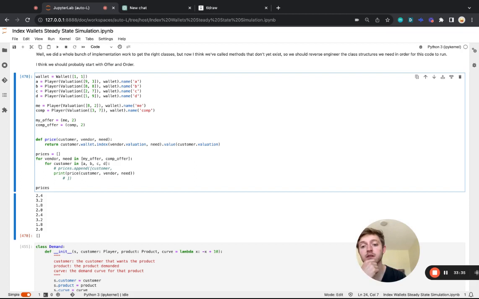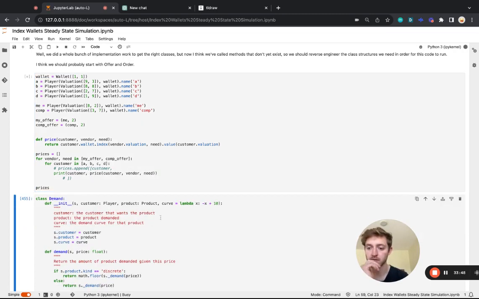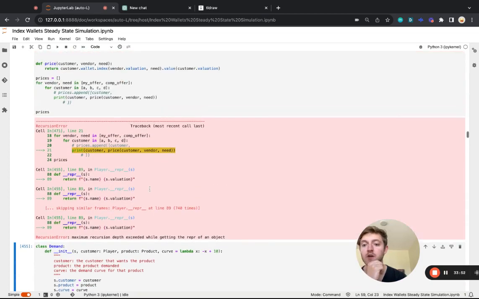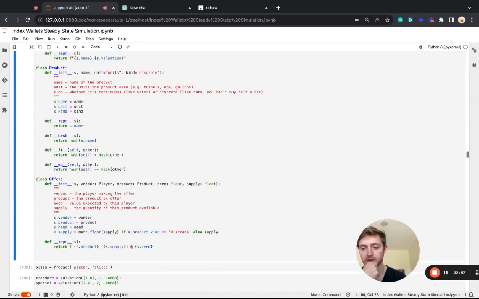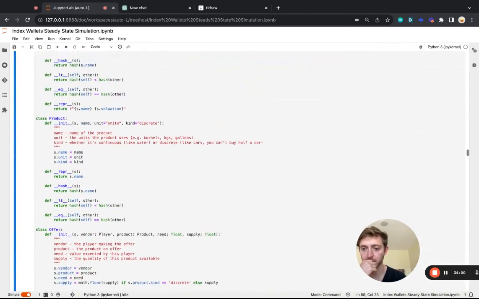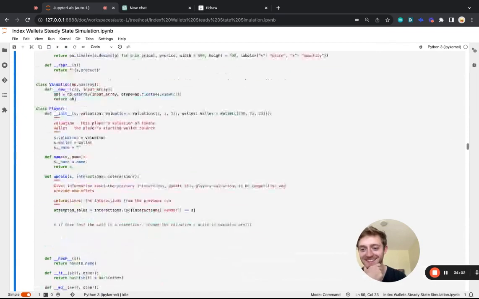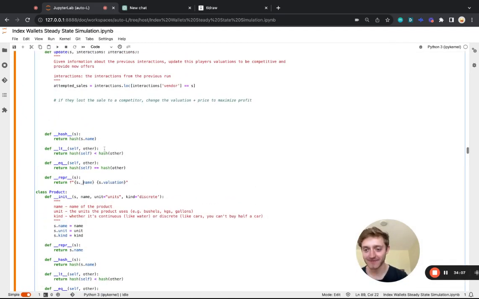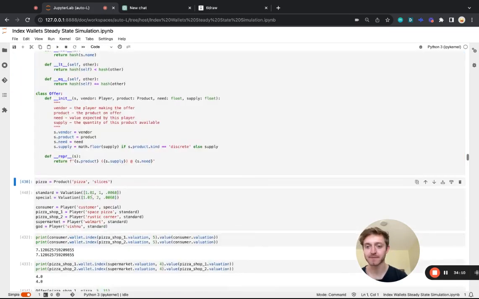Because whatever. That causes it to recurse forever. Ah, right. Look at the errors. Look at the errors. When it shows you an error, just look at them. Okay.